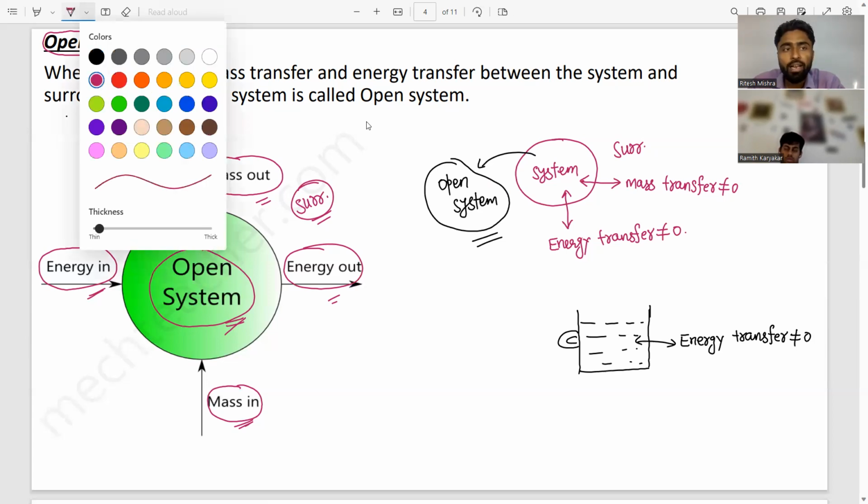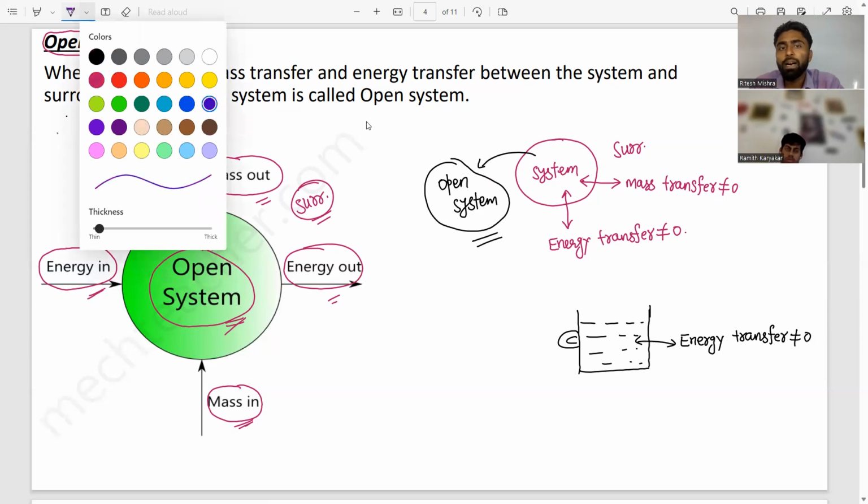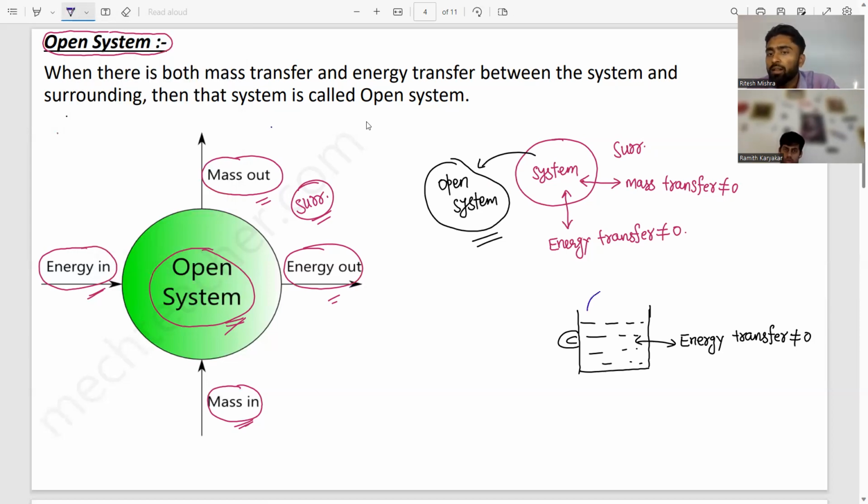But here, when we do not put a plate over the cup, then, my dear friend, mass will go out in the form of vapor to the surrounding. You can check this phenomenon in your house.